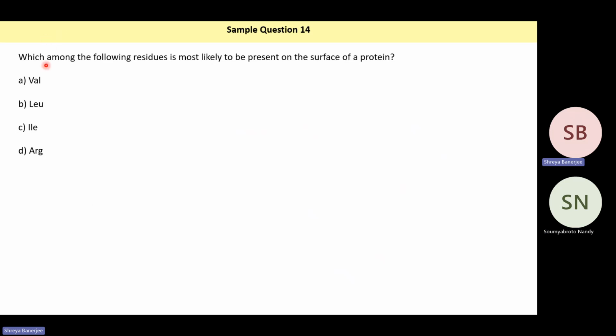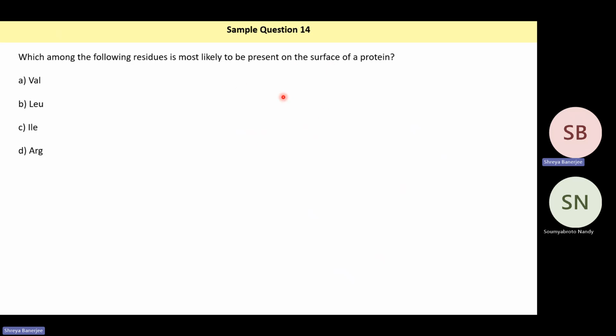Okay, then there is a question: which among the following residues is most likely to be present on the surface of a protein? I'm not sure, ma'am. Okay, I'll give you a hint.